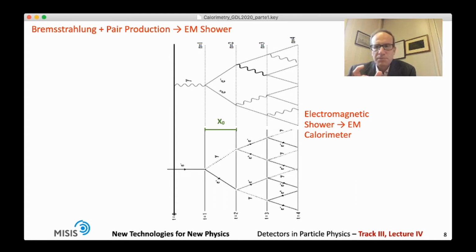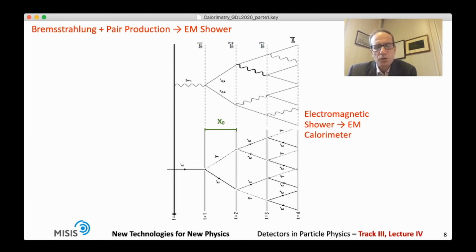Each of them is one radiation length. So you have here one radiation length, another radiation length, a third, and a fourth. So in this schematic drawing, there are 4 radiation lengths of material. And then you have a photon in the top part and an electron in the bottom part.